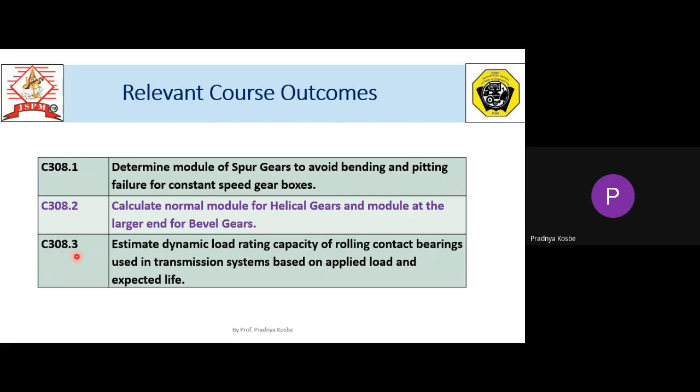So CO308.3 is: estimate dynamic load rating capacity of rolling contact bearing used in transmission systems based on applied load and expected life.